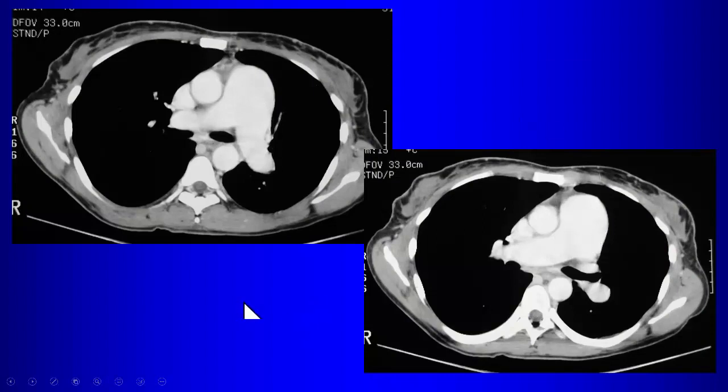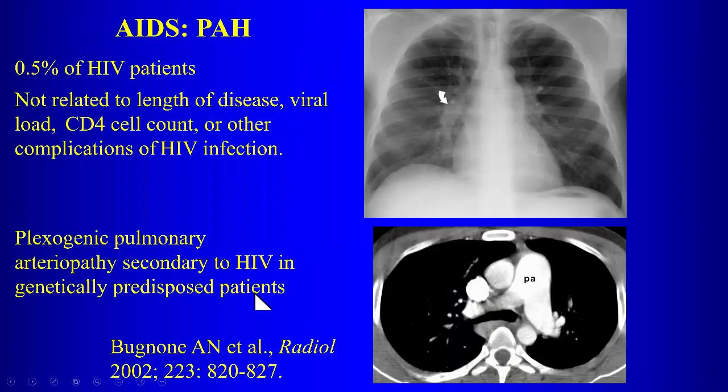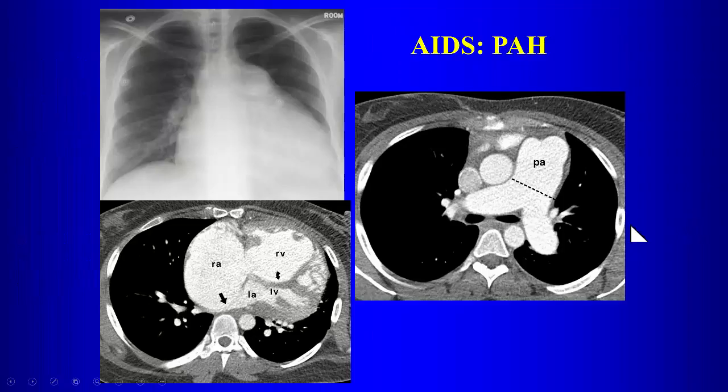So a large pulmonary artery in these patients can be a manifestation of pulmonary hypertension. It occurs in a small percentage of patients with AIDS, not related to length of disease, viral load, or CD4 count. So it is something to consider if you have big pulmonary arteries in these patients. The other findings: big right atrium, big right ventricle, right ventricular hypertrophy. Of course, all of that goes with the PA hypertension.